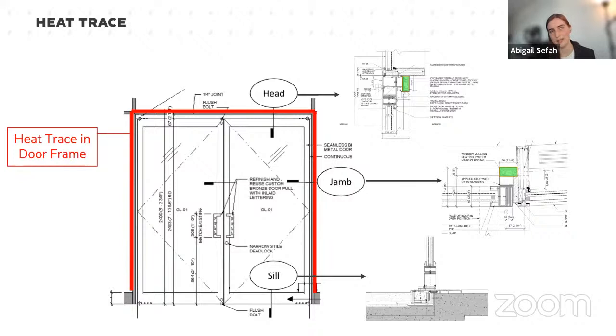You sometimes see this at roof edges where we're worried about snow and ice building up and falling on people. We'll put heat trace along the outside, or at freezing sprinkler heads, which is another project I'm working on. But basically you're just running electricity through these wires, not all the time, but seasonally when it's required, and that heats up the surrounding surfaces. Got it.